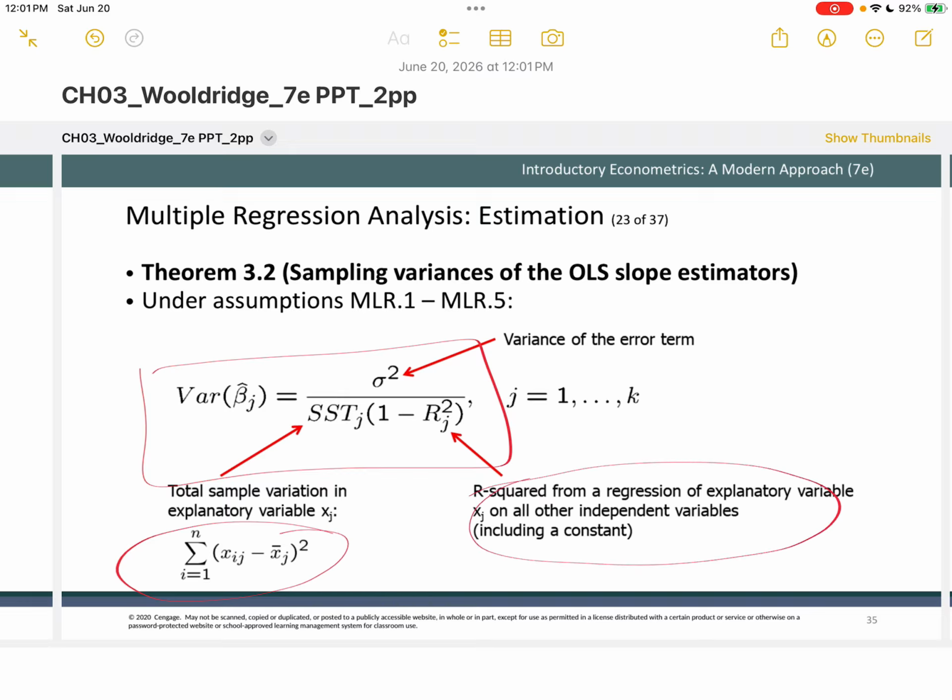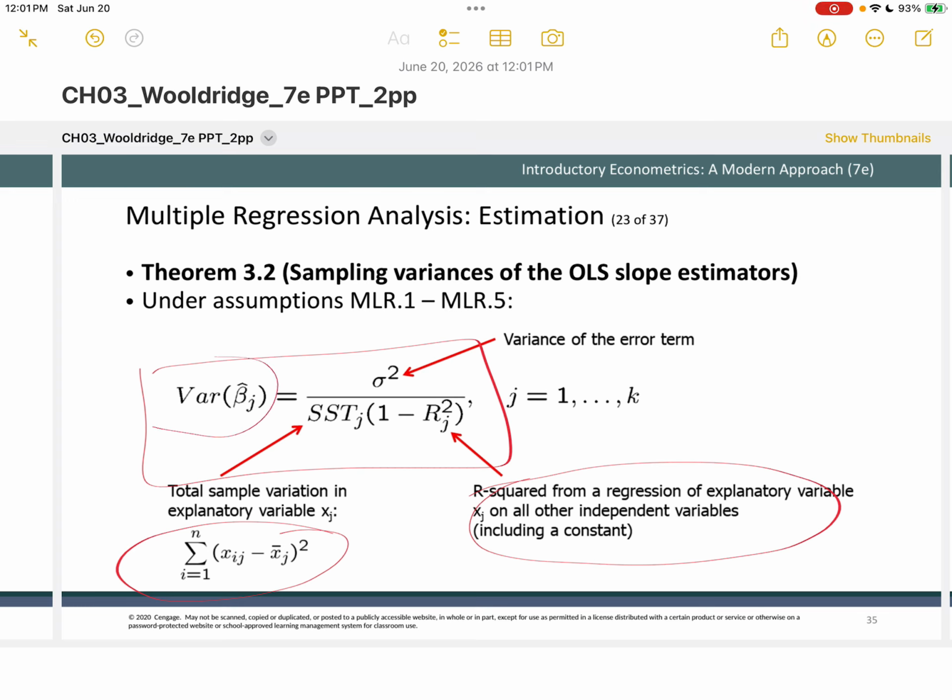And the second was that we did not want any perfect correlation between and among the explanatory variables. This is what we are talking about, and that shows up in the denominator of the variance of our beta j hat.